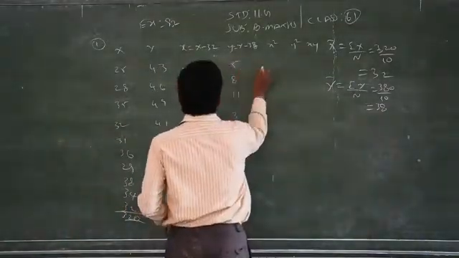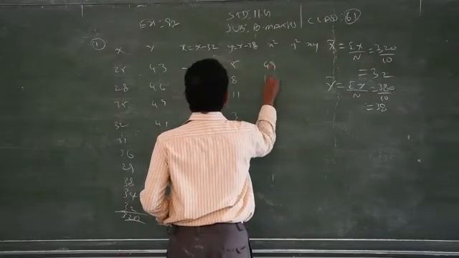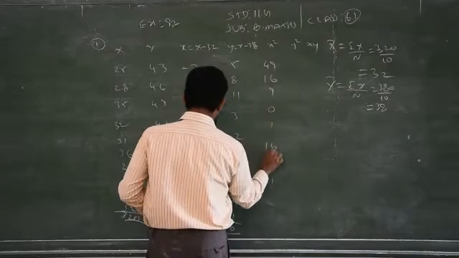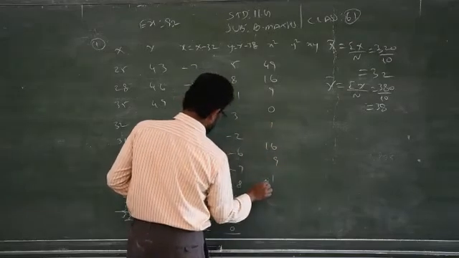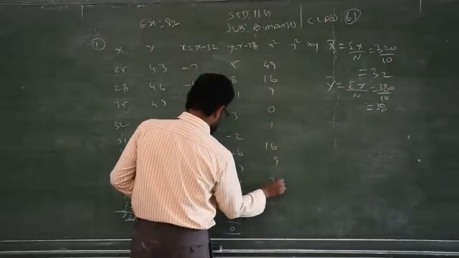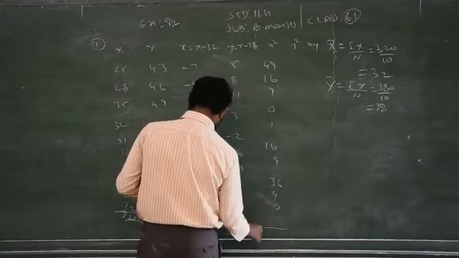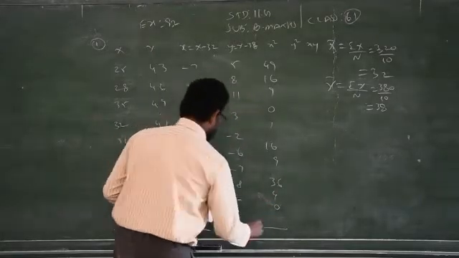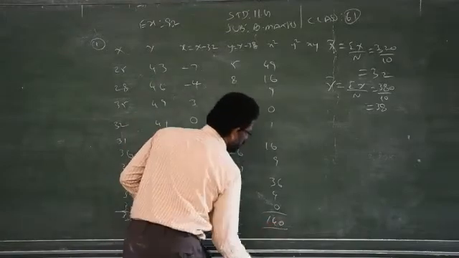Now you have to square the numbers. X square: 49, 16, 9, 0, 1, 16, 9, 36, 4, and the total is 140.